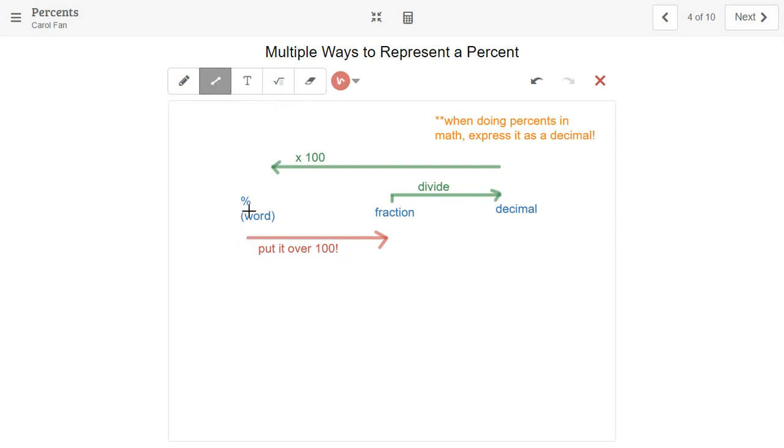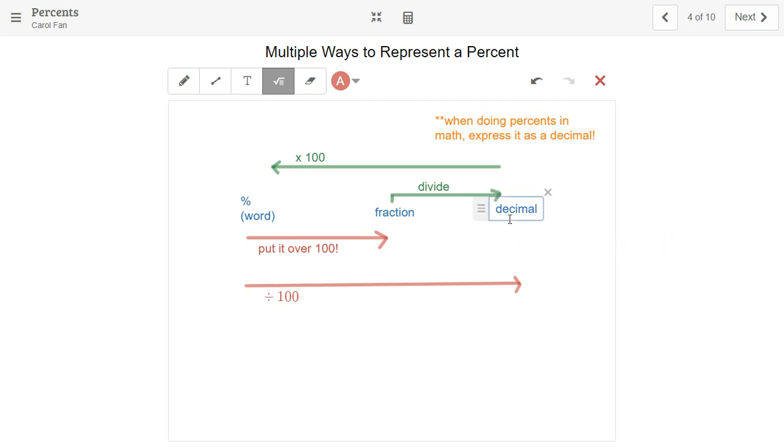To go from a word to a decimal, we're going to divide it by 100. And whatever decimal we get is the decimal value.